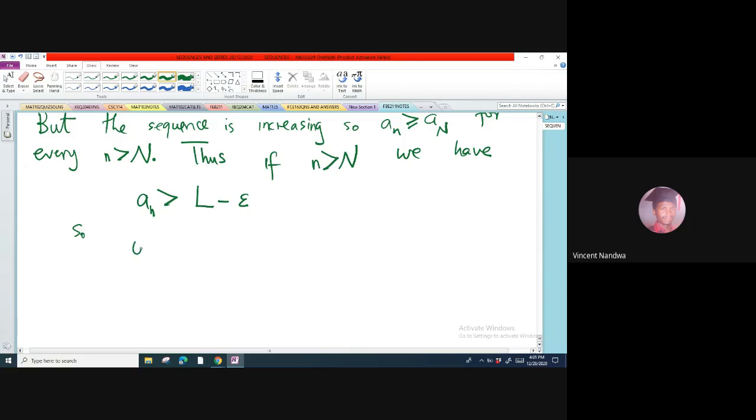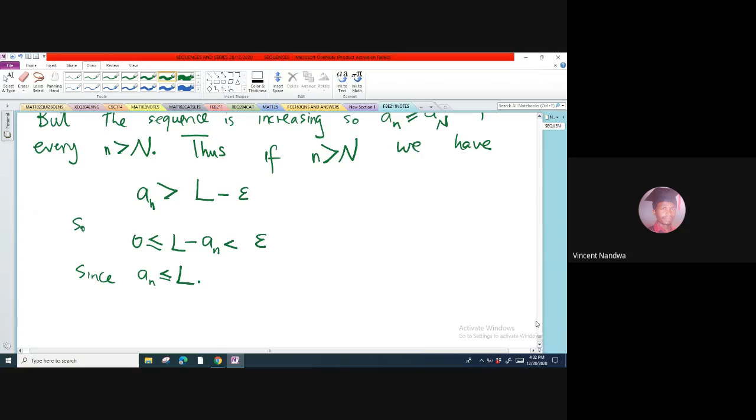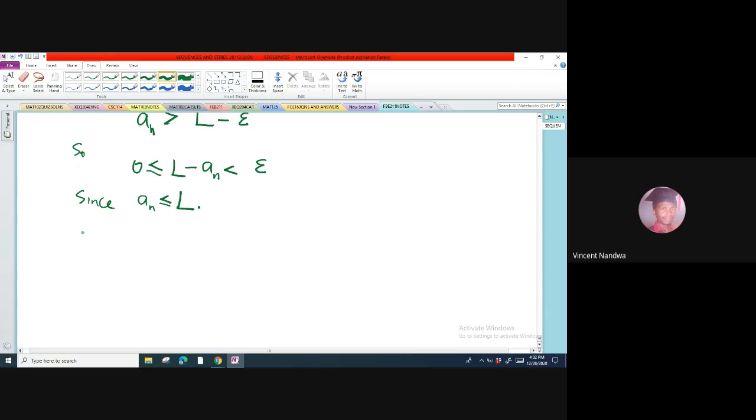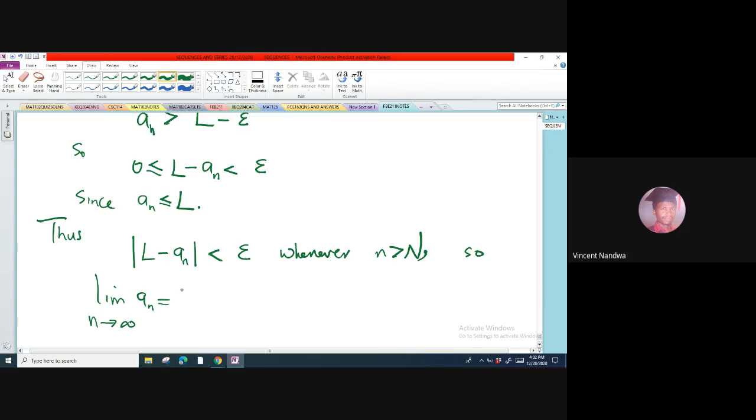So 0 is less than or equal to L minus an, which is less than epsilon, since an is less than or equal to L. Thus, L minus an is less than epsilon whenever n is greater than capital N. So the limit as n approaches infinity of an equals L. That's the end of the proof.